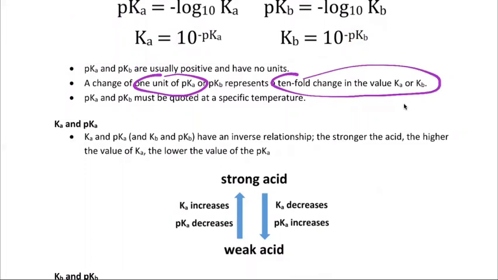So just like pH, if we went from a pH of 3 down to a pH of 2, that was a difference of 1, but that means that we increased the hydrogen ion concentration times 10. So same type of relationship here with pKa and pKb and Ka and Kb. And then they do have to be quoted at a specific temperature. Usually they'll tell you in the problem, so you'll know if you have to do anything differently.